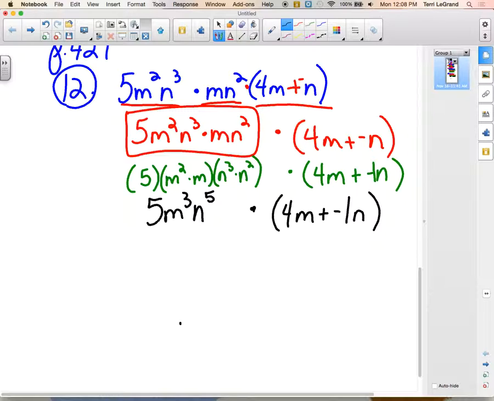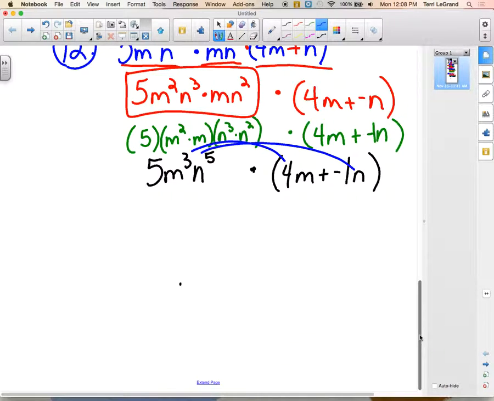So in reality, now we have a monomial times a binomial, don't we? We have a monomial 5m cubed n to the 5th times that binomial 4m plus negative 1n. Same thing we've been doing all along. Now we're going to do our distributive property. We're going to take this and multiply it times both of those. So our 5m cubed n to the 5th has to get multiplied times the 4m.